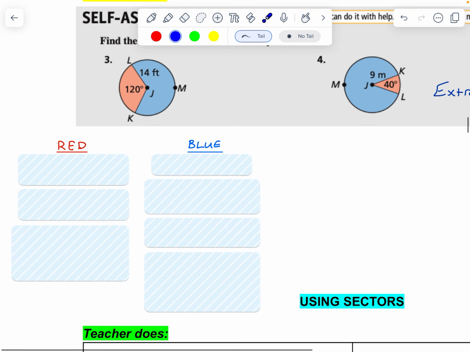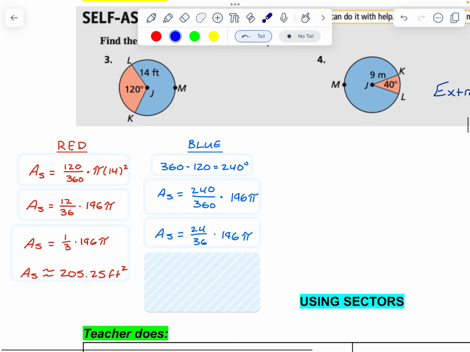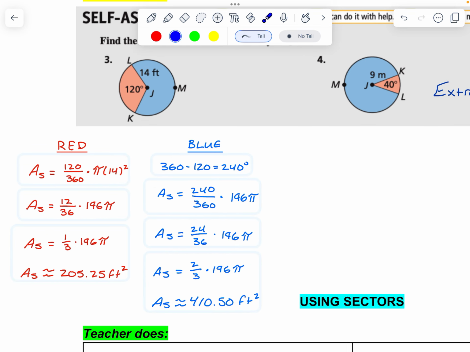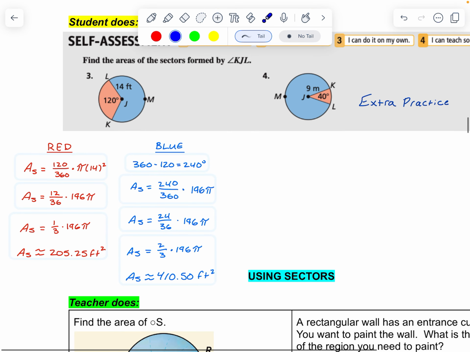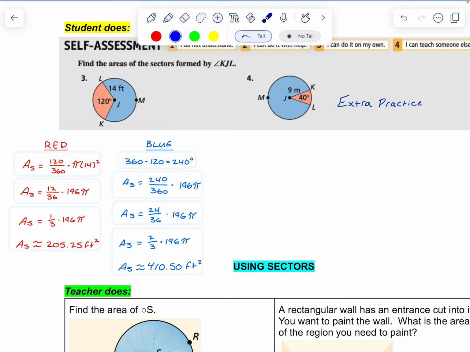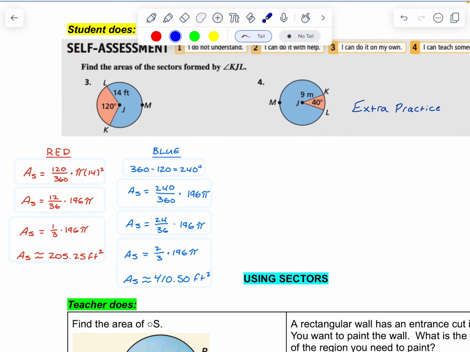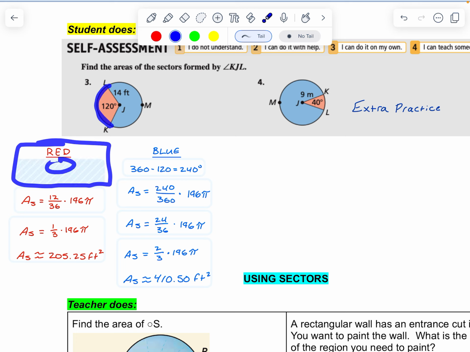Choice is yours. If you want to check and see what you got, for those of you that actually did pause it, great. Hopefully you got 205 and 410.50. For those of you that didn't pause it, you're just waiting for me to go over it, well, this is for you then. 120 degree angle means I have a 120 degree arc, so my x is 120.